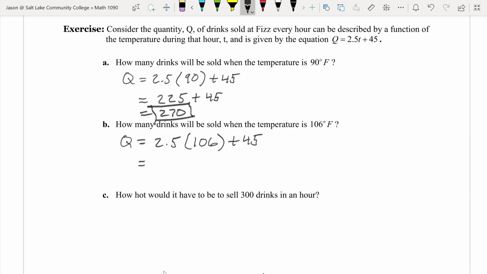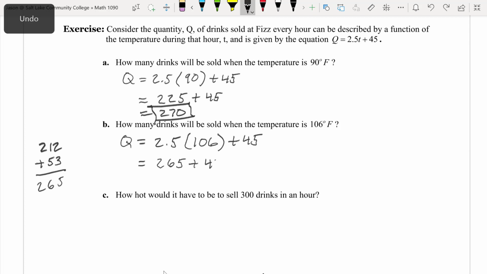Half of 106 is 53. 212 plus 53 is 265. So the quantity will be 265 plus 45. And that is 260 plus 40 is 300, plus the 2 5s is 310.